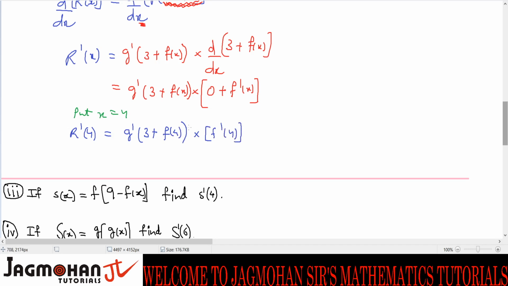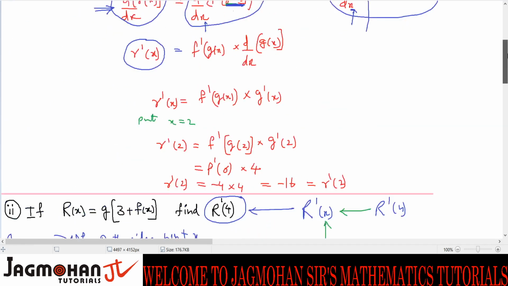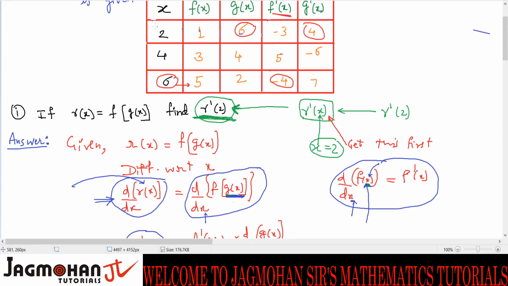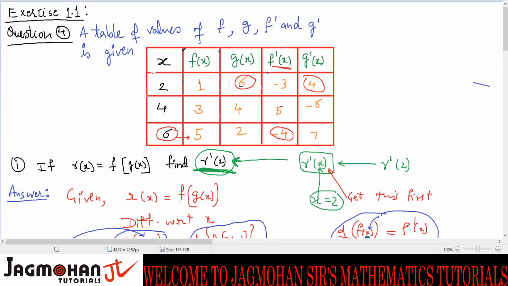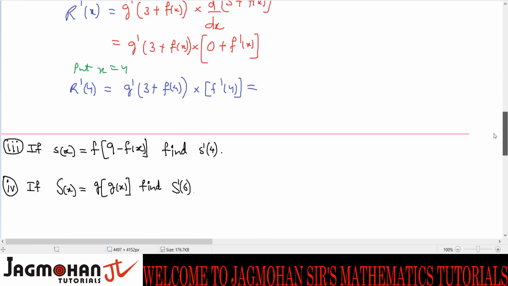Now these values I substitute from the table above. I need f of 4 and f dash 4. What is f of 4? For f of 4 you will come under the column f of x and you need f of 4, so 3 here, f of 4 is 3, and f dash 4 is 5, 3 and 5.